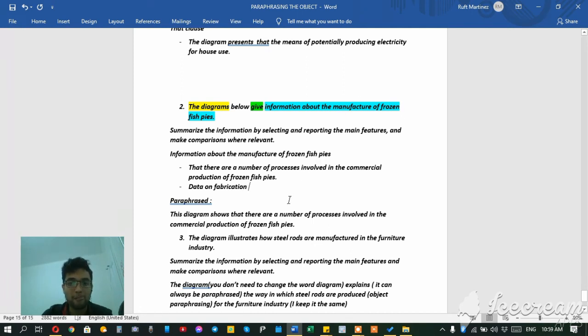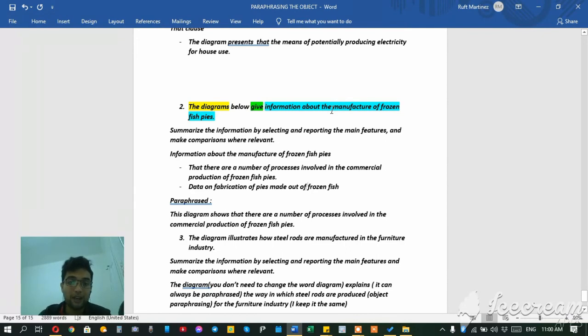Fabrication of pies belonging to frozen fish. Belong to doesn't sound good. Made out of frozen fish. We can do this: the data on fabrication of pies made out of frozen fish. That's how I can do that too.